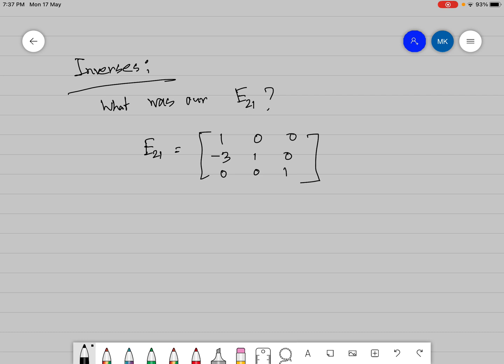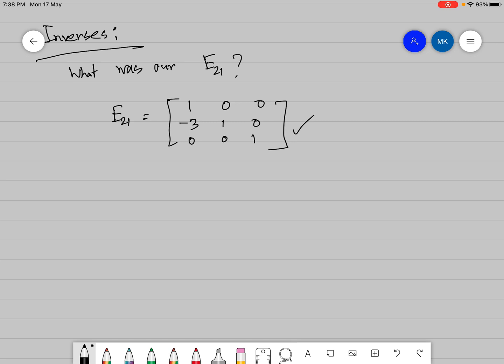Now you want to get a matrix that undoes this operation, right? Suppose after multiplying this matrix you got 0 at the 2 1 position, so you want to undo this operation, right? That means you'll get the number back at the 2 1 position. All right, so what operation or what matrix would do that? This is very simple.